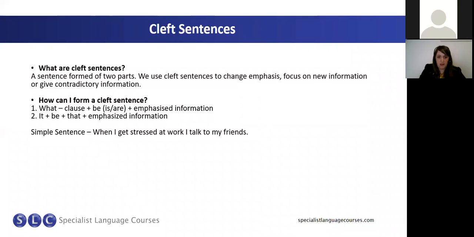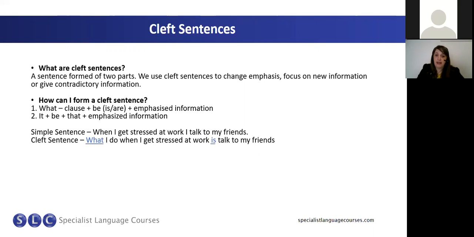This is the kind of information that you might give perhaps in part 1 or part 2 of the speaking exam. We can change this into a cleft sentence by saying: What I do when I get stressed at work is talk to my friends. So we're really emphasizing that second part of the sentence, talk to my friends.